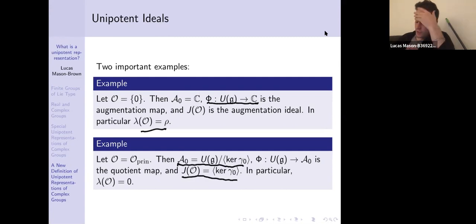So in the largest possible case, which is the principal orbit, the unipotent ideal has infinitesimal character 0, and in the smallest possible case, it has infinitesimal character rho, and all of the other covers give ideals which are in between.